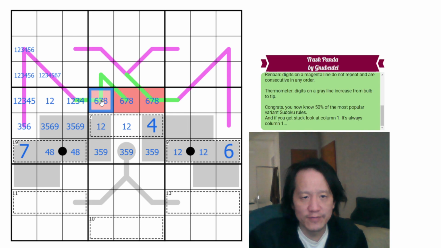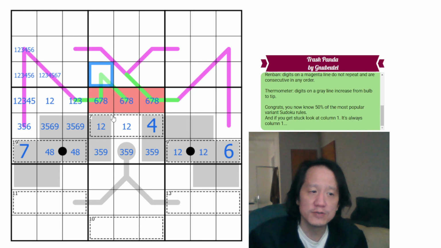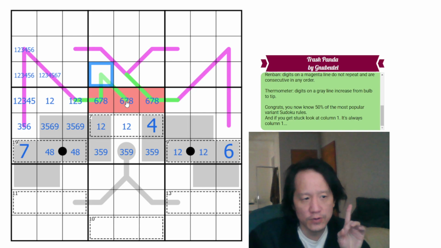This has to be 5 away from 6, 7, or 8, so it cannot be 4. This must be 6. This must be 5 away from either 6 and 7, 6 and 8, or 7 and 8. So at least it must be at least 5 away from 7.